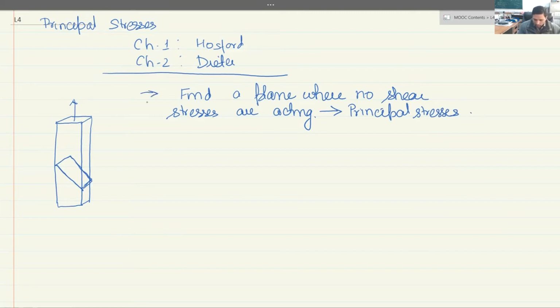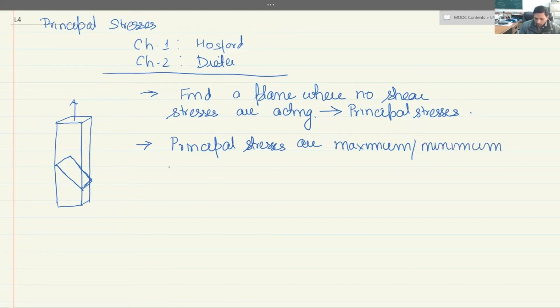But before that, what is the formal definition? The formal definition is that principal stresses are the maximum and minimum stresses.